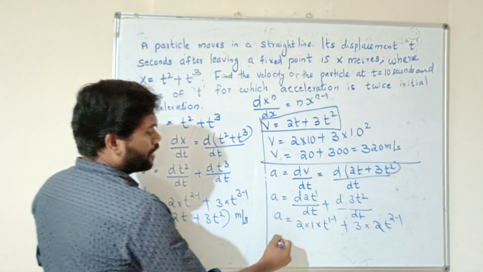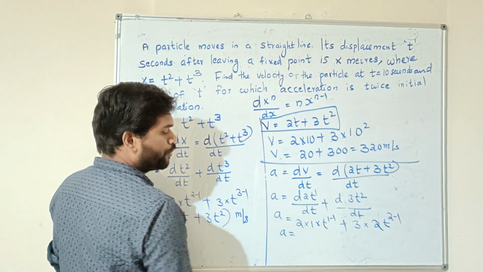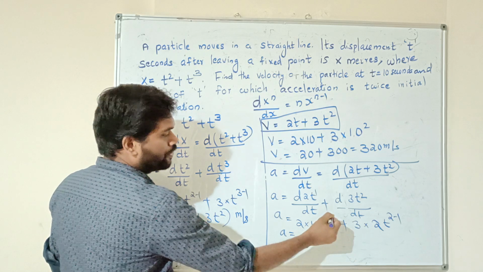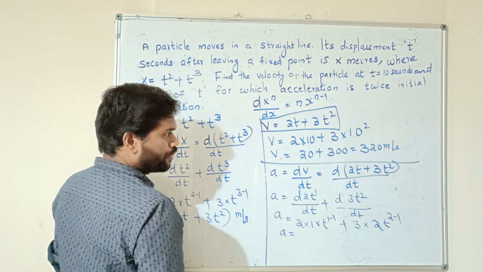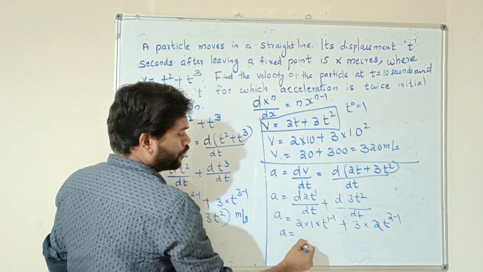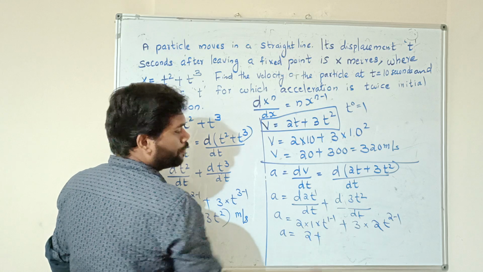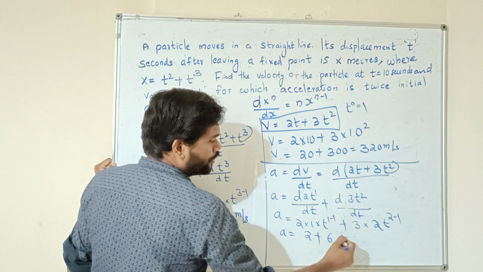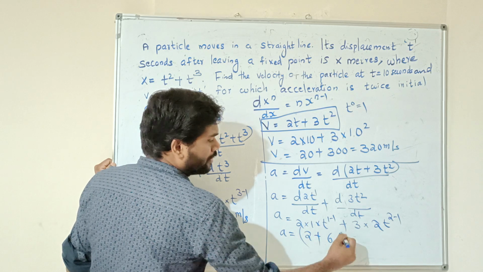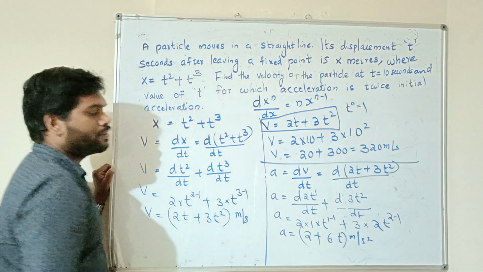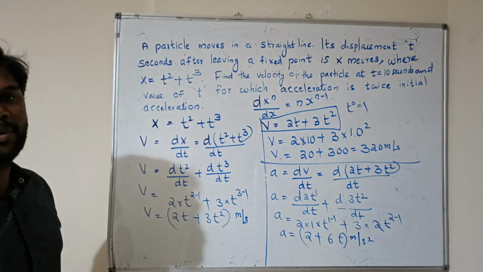So acceleration will be equal to 2 into t raised to 1 minus 1, which is 0, and t raised to 0 is equal to 1. So this will become 2 plus 6 into t. So this is the acceleration of the particle. Acceleration is 2 plus 6t meter per second square.